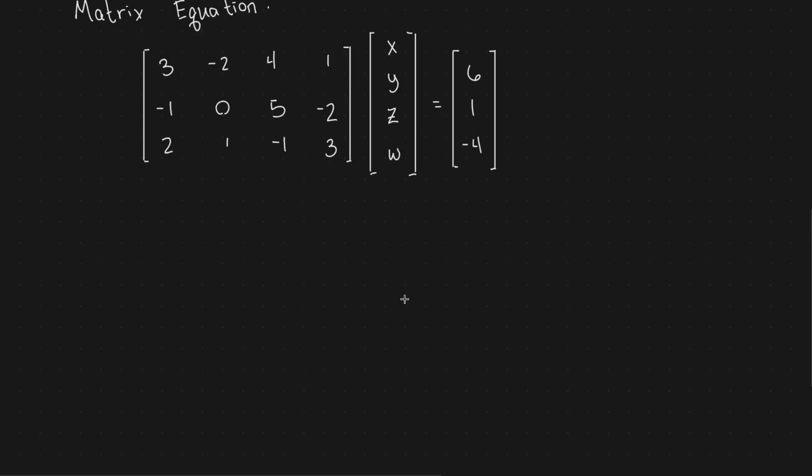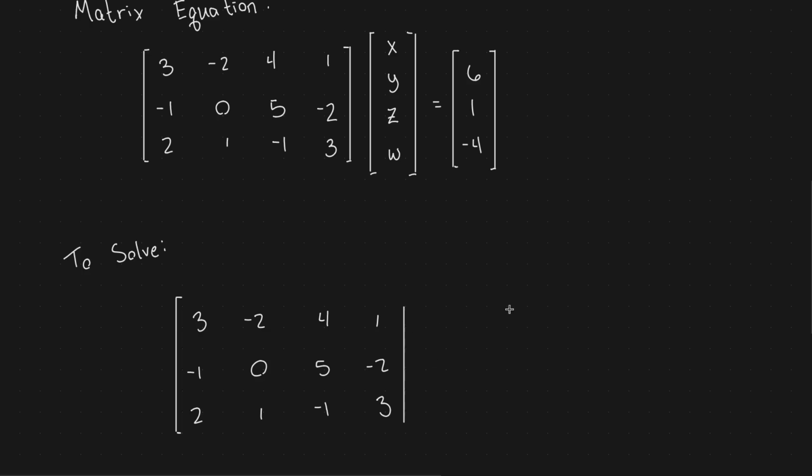Okay? So to do that, we take our coefficient matrix, which is 3, negative 2, 4, 1, negative 1, 0, 5, negative 2, 2, 1, negative 1, 3, and we augment it with what's on the other side of the equal sign, which is vector 6, 1, negative 4.